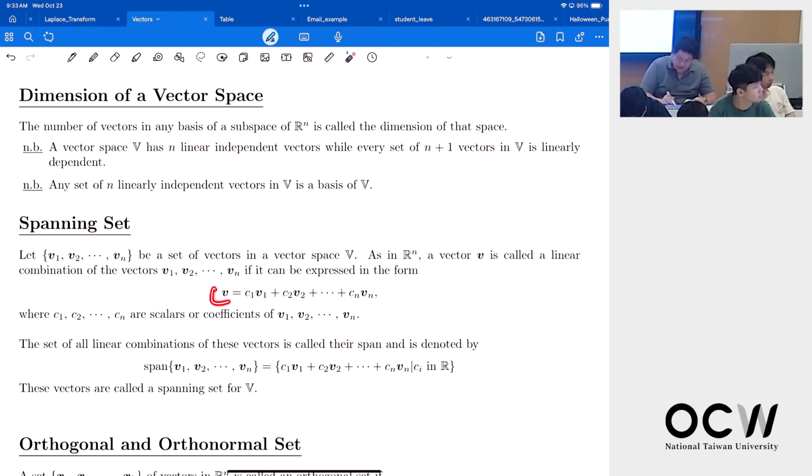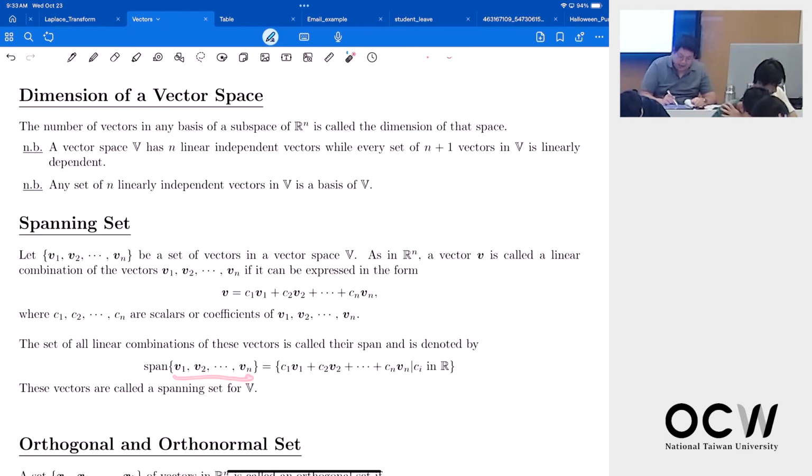So V can be expressed as a linear combination of V1 to Vn, and then C1 to Cn are the coefficients. Then we can say that the set of all linear combinations of these vectors is the span of V1 to Vn.